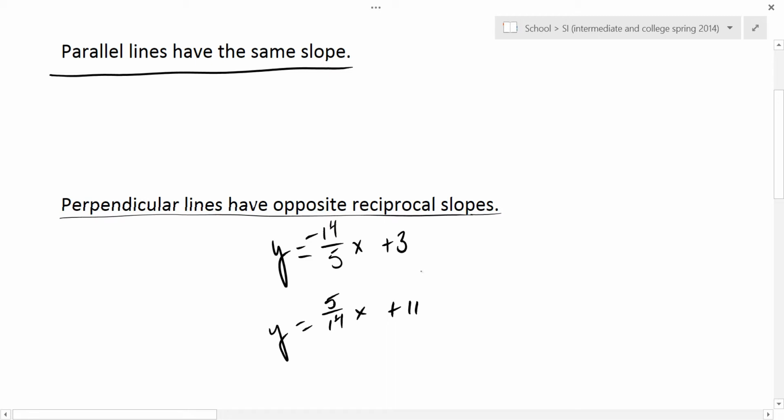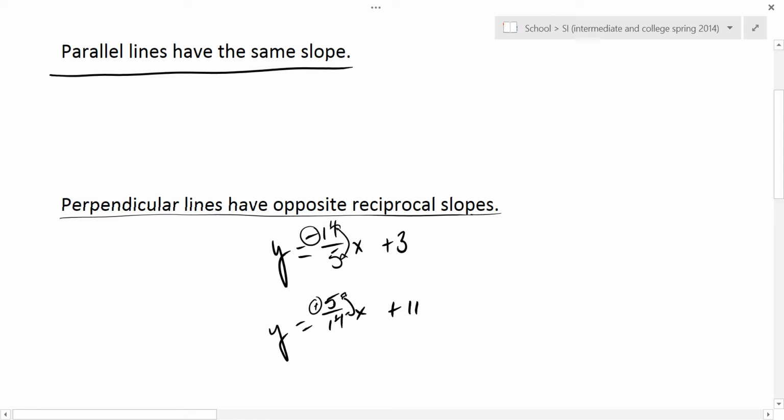Well, they are opposite because they're not the same sign. Opposite refers to their sign. Negative, positive. And reciprocal is really just the idea of flipping the fraction.